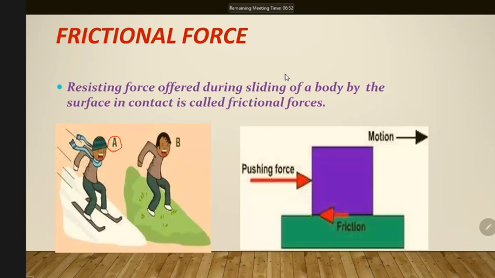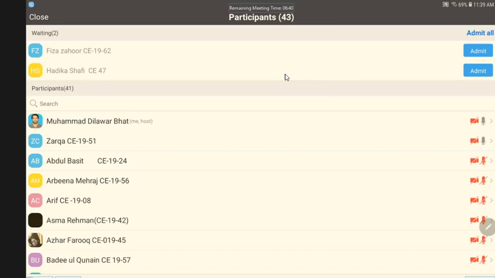I don't know why. Let me check it one more time. They have not joined. Is it Fiza and Hadika Shafi? Yes, it's Hadika. They are being allowed now. They were in the room only. Okay, thank you, sir.